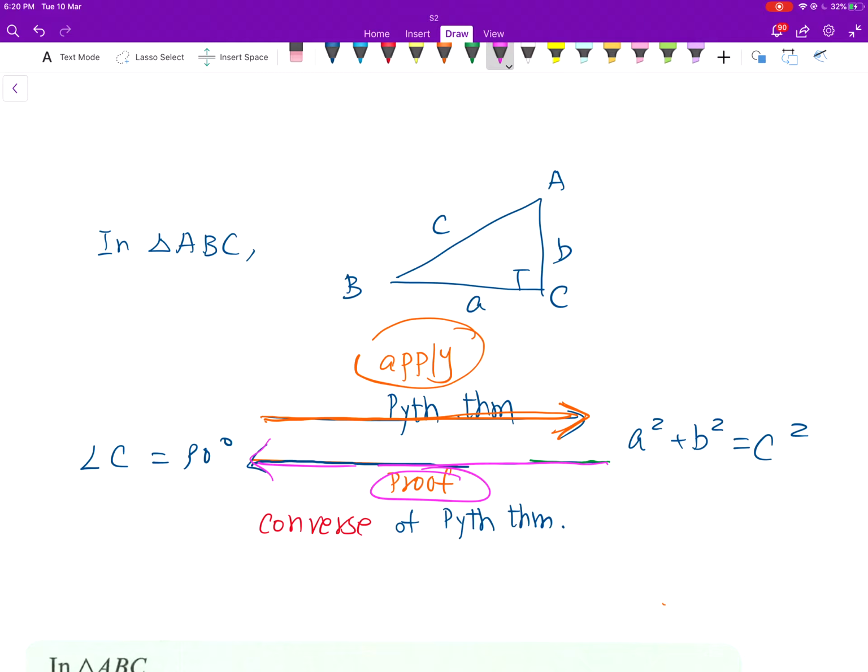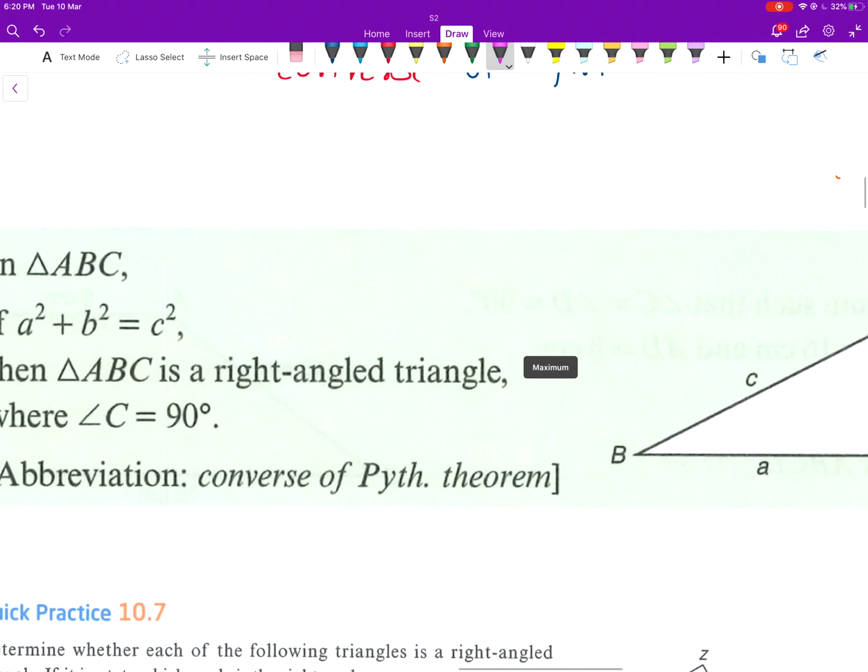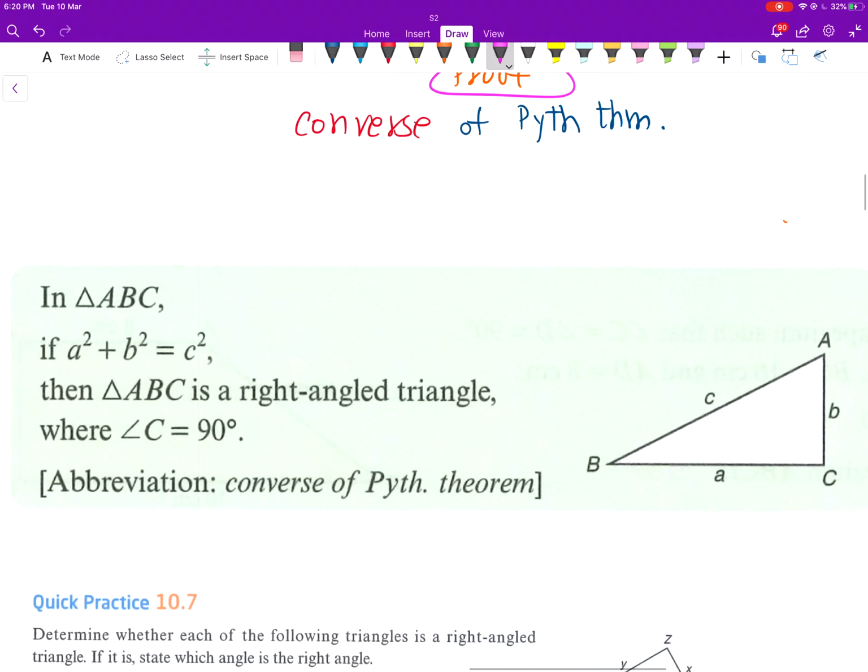Okay, please write down in your notes. So this is the converse of Pythagoras theorem. If a squared plus b squared equals c squared, we need to calculate and check if it is correct.